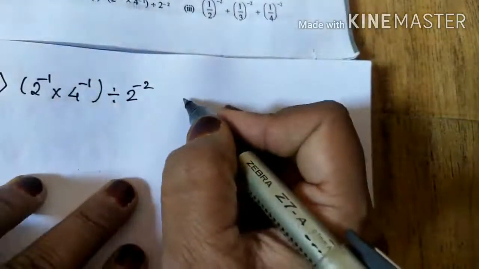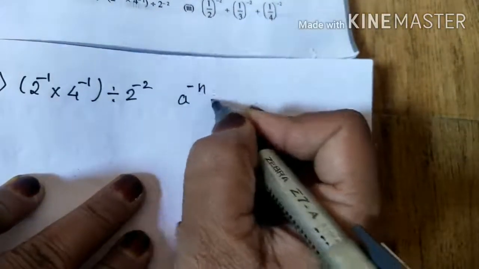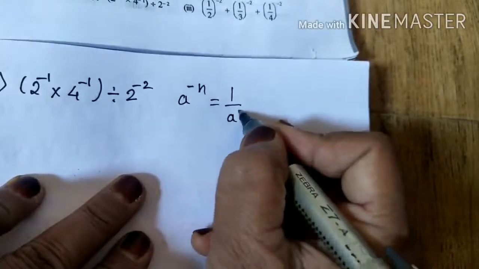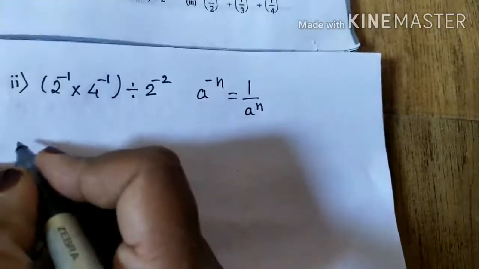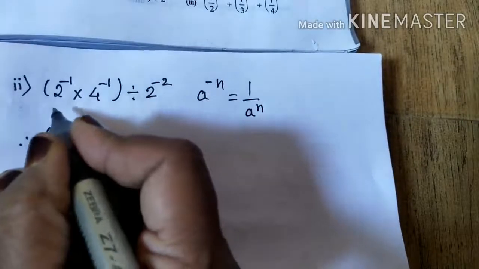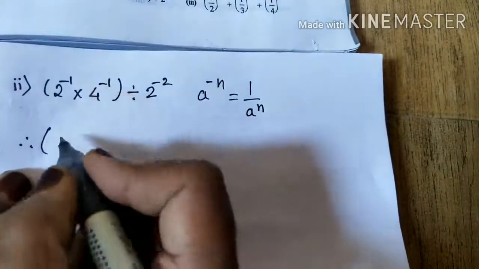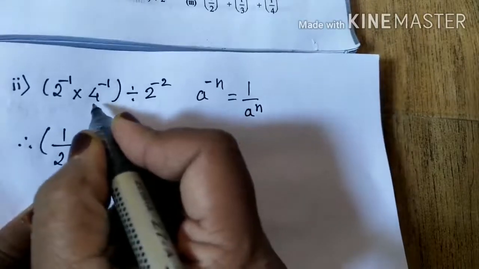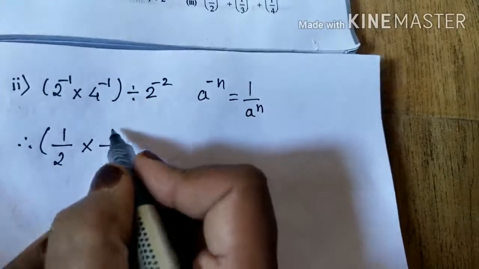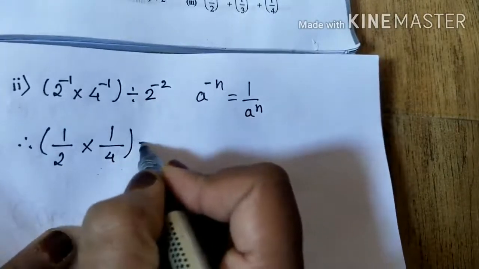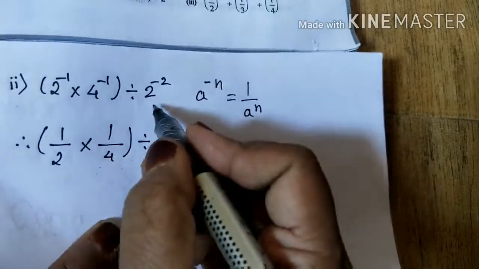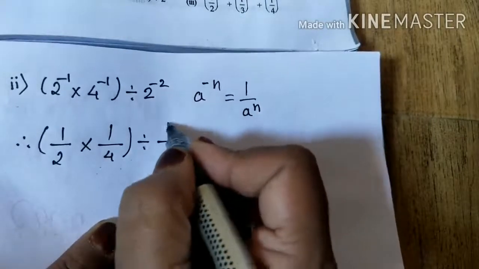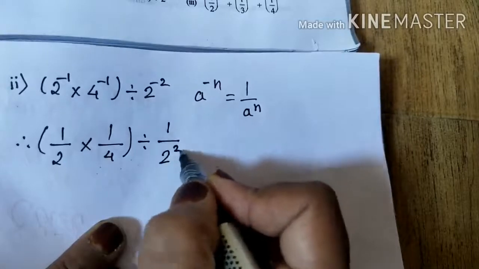Here we'll use this law: a raised to minus n is equal to 1 by a raised to n. Therefore, this 2 raised to minus 1 I'll write as 1 divided by 2, into, similarly, 4 raised to minus 1 I'll write as 1 divided by 4. This division sign. Now 2 raised to minus 2 I'll write as 1 divided by 2 raised to 2.